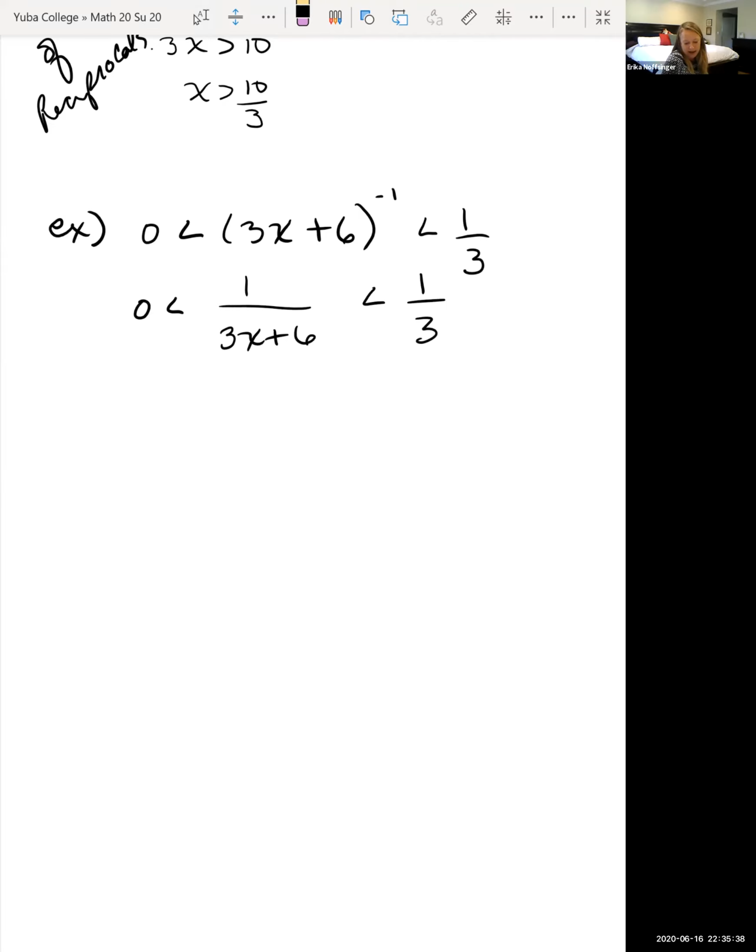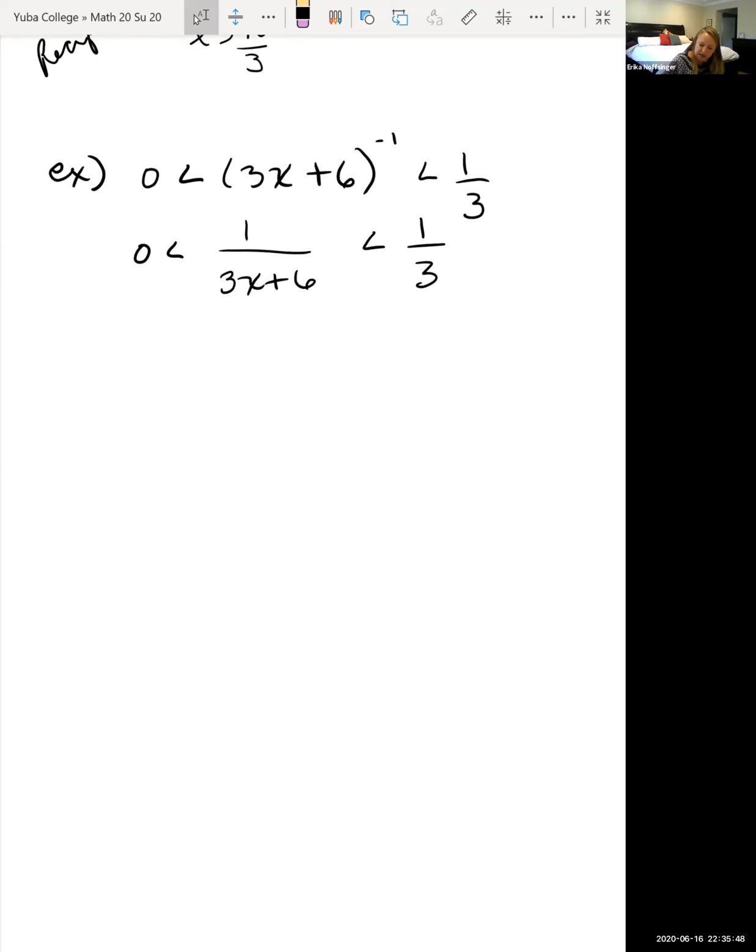Here again, I can break this down into two separate inequalities and do an "and" statement, or we can use the rules of those reciprocals. If I take the reciprocal, that tells me 3x + 6 is greater than 3.